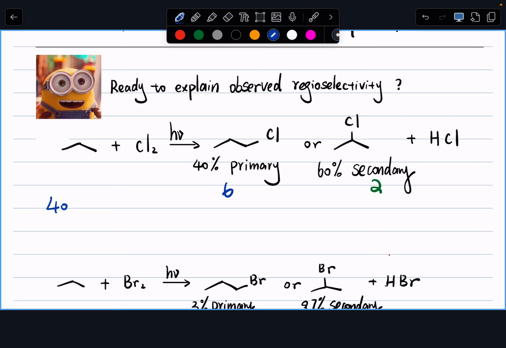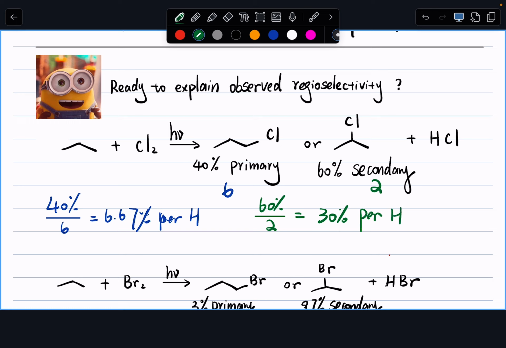So if we divide that 40% by 6, we're getting something about 6.67% chance to abstract each primary hydrogen. If we do the calculation for the secondary hydrogen, we have 60% divided by 2. That's about 30% chance to abstract each secondary hydrogen.